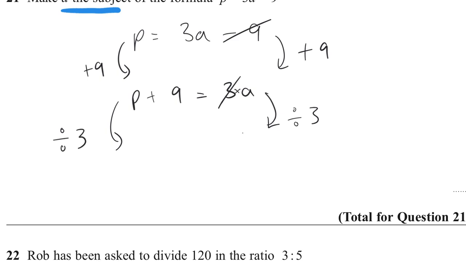So now it's gone. We've got A equals, and then, don't overcomplicate it, P plus 9 divided by 3. And that's it. That's legit. Job done. Don't need to write any fancier than that. That's fine. Alright.